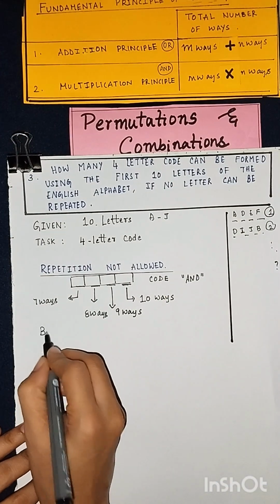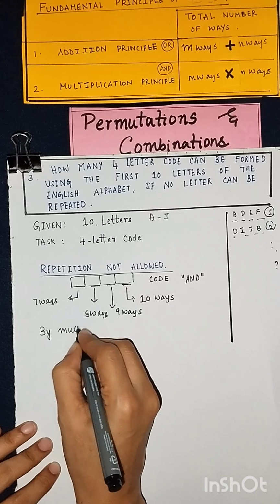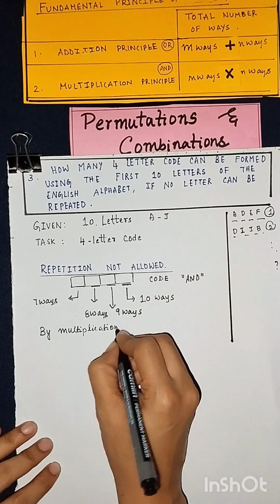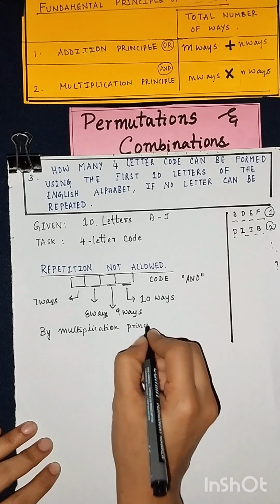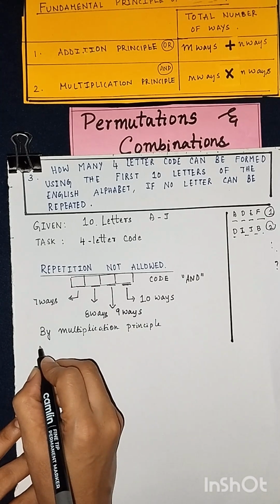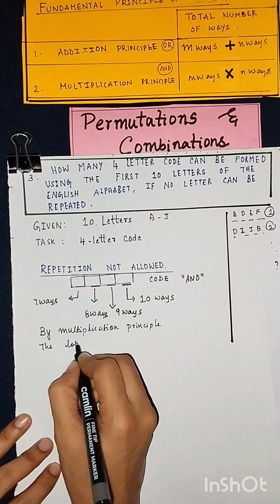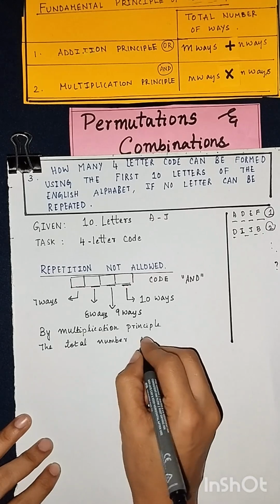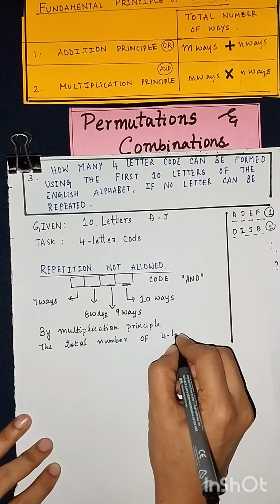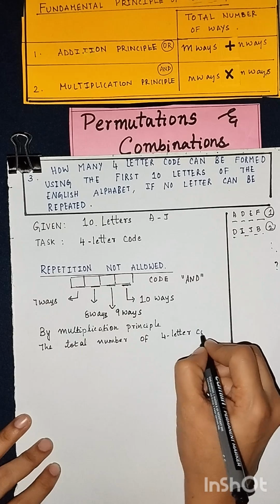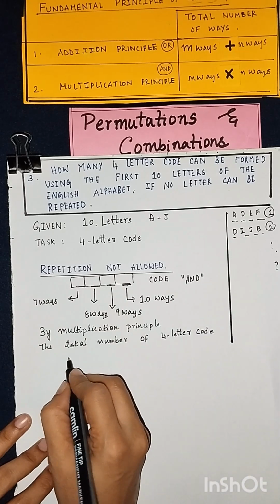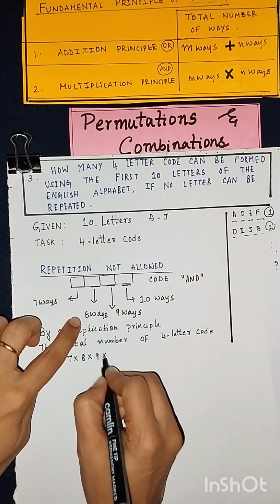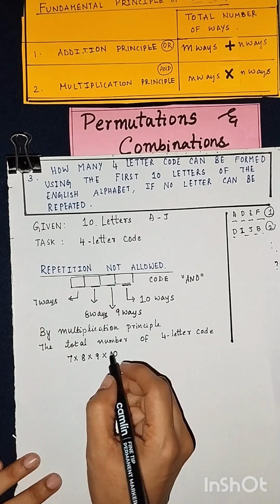So by the multiplication principle, the total number of 4-letter codes: you'll get 7 ways times 8 ways times 9 times 10.